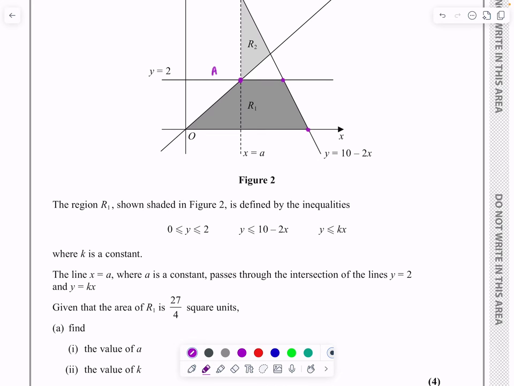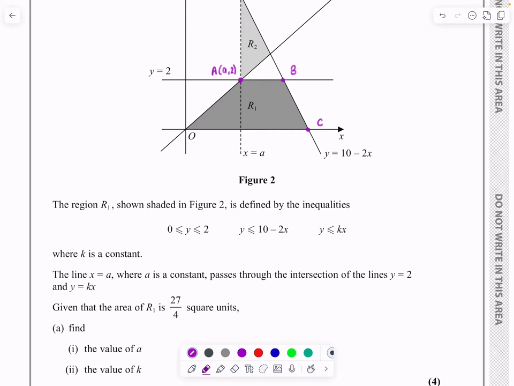So A, we already know that, that's the point (a, 2). B, I don't know what that is yet. I know it's going to be something, 2, but I don't know the x value. And C down here, again, I'll know the y value, but I don't know the x value of it. So the reason I've just labelled them A, B, and C is I can now talk about what they are.